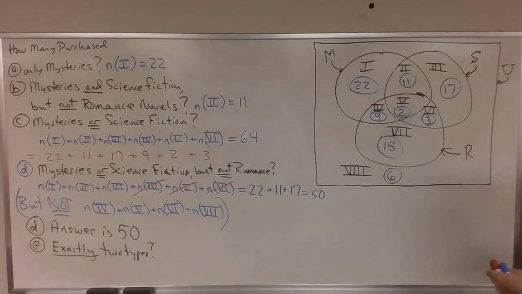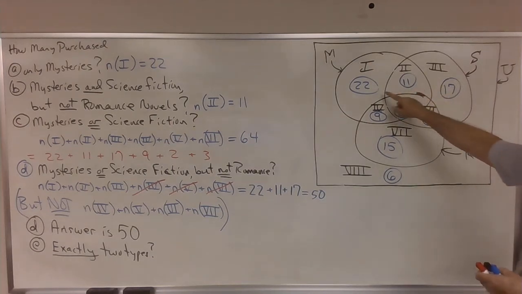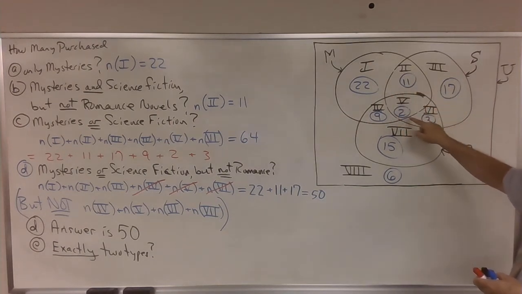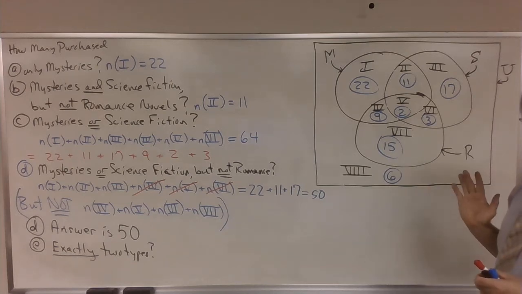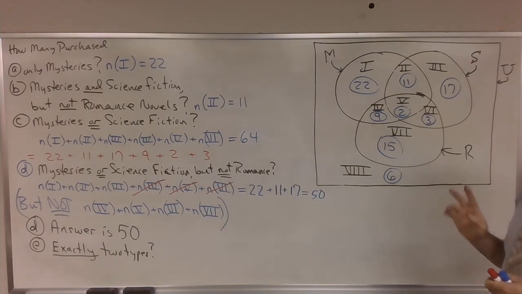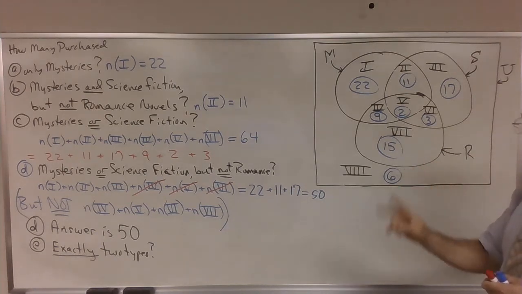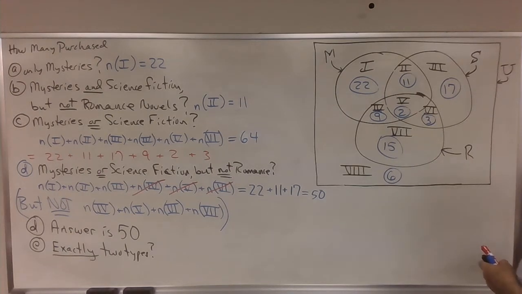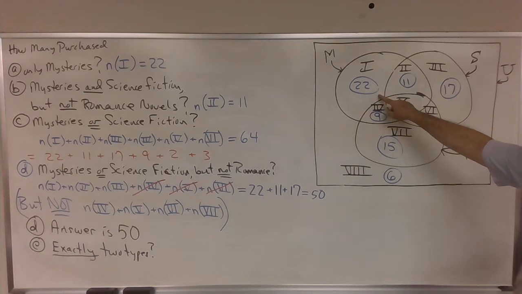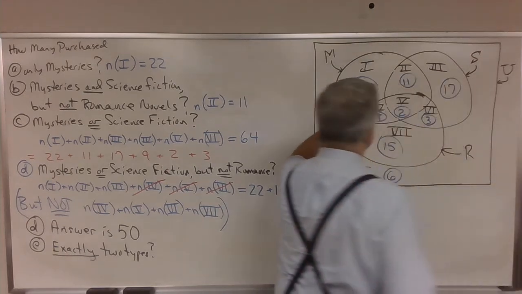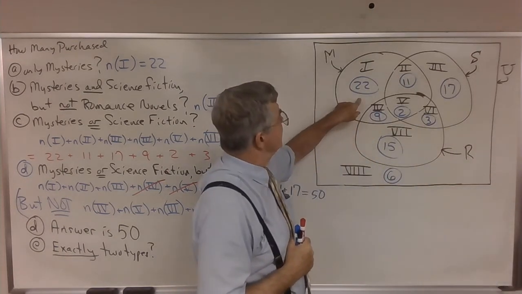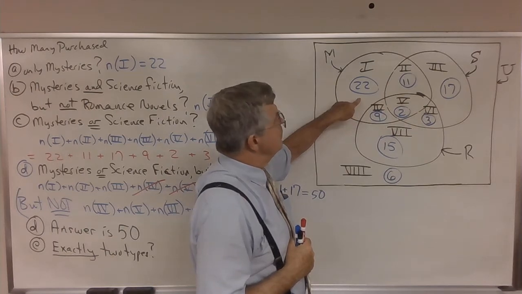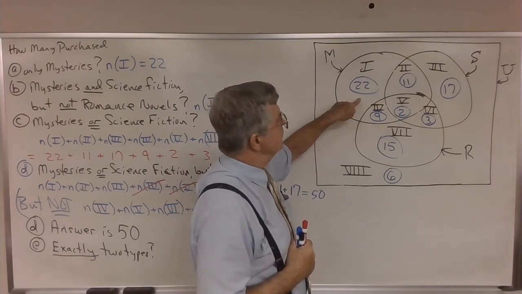Now, another way of looking at this is just to look at our Venn diagram and see how many of these individual regions are contained in exactly 2 circles. Let's see. Is region 1 contained in exactly 2 circles? No more, no less? No, actually, region 1 is just contained in the M circle.